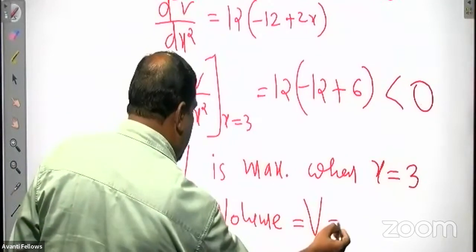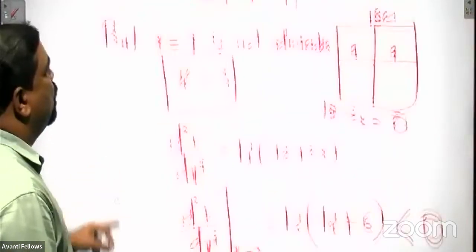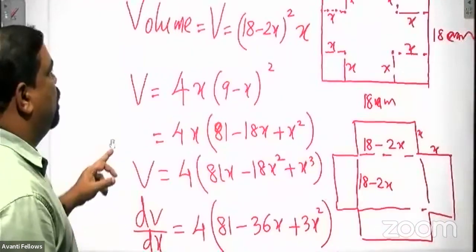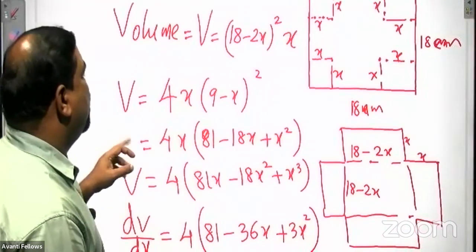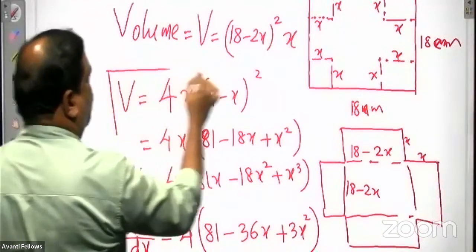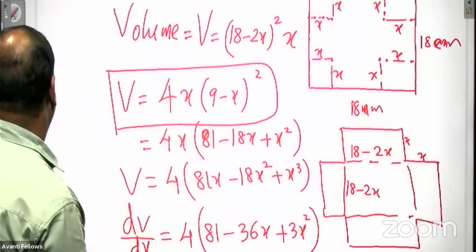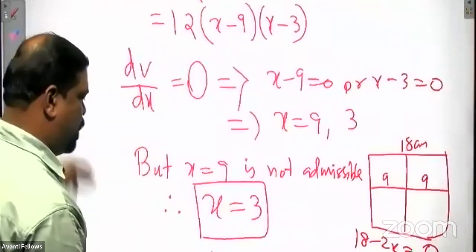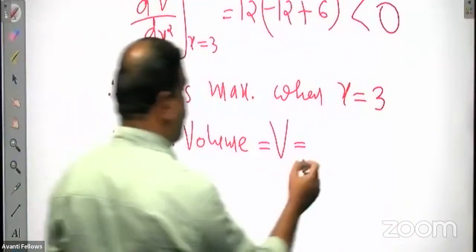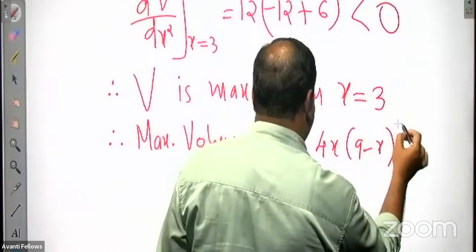Maximum volume. Again, we will take the formula for V. What is V actually? What we have written in the beginning can be taken. V is equal to 4x into (9 − x) the whole square.